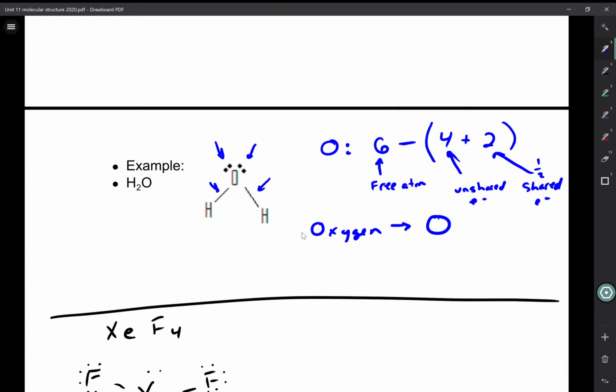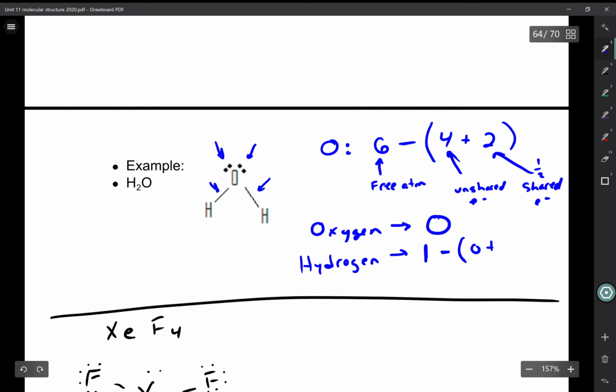Okay, if we do the same thing for hydrogen, well, valence electron in the free atom is 1. So 1 minus unshared electrons, 0. Shared electrons and half of them, which is the bond has 2 electrons, so we're taking half of that, 1. So that is 0. So the formal charge for oxygen is 0, and the formal charge for hydrogen is 0.